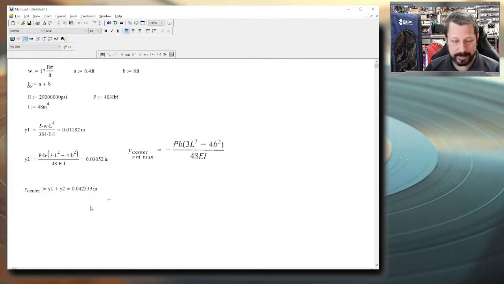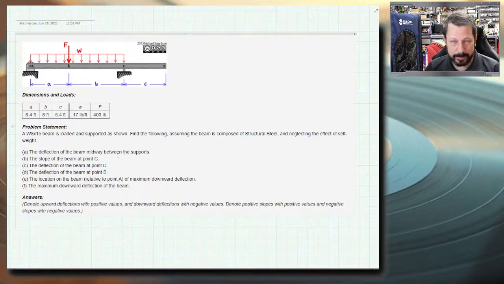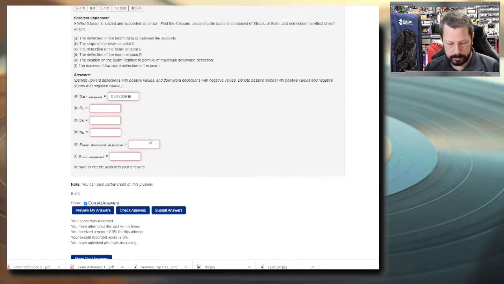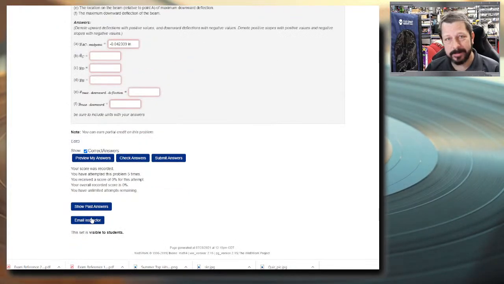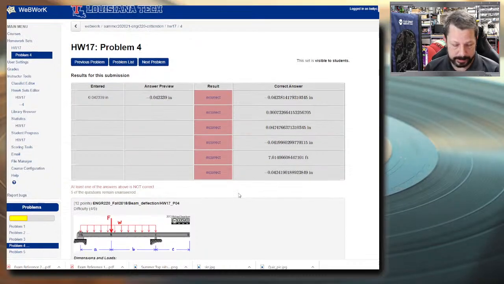So if you're having trouble with that, in these WebWork problems, when you're pretty sure you're doing it right, maybe you even are putting it in MathCAD, so you're not rounding at all, then you can click in WebWork, email instructor down here, and it'll send me your problem set with your numbers and what it's expecting, and then I can easily look and see if it's the same thing like we've got here where we're off by 5/10,000ths and it doesn't like it. And not even a whole 5/10,000ths. I mean, it's tiny differences. I'm not sure why it's being so picky on that, but it is. So let's carry on.